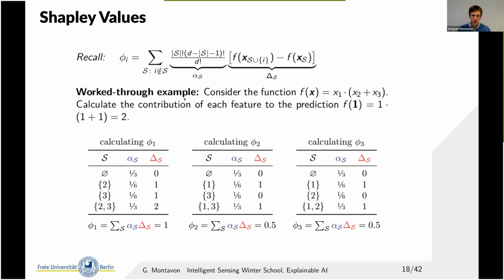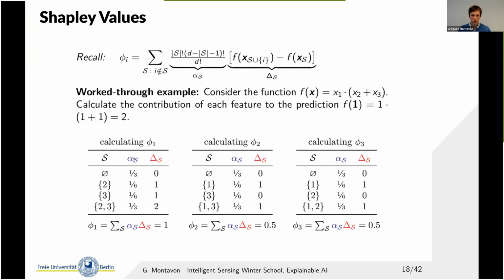Imagine that you have 3 players. Let's call them player 1, 2, and 3. They are 1 if they are in the game and 0 if they are out of the game. If all 3 are in the game, you have 1 times 1 plus 1, so a reward of 2. And you would like to be able to decompose this reward of 2 on the 3 individual players. If you look at this formula, then you can build this kind of table where you have these coefficients.